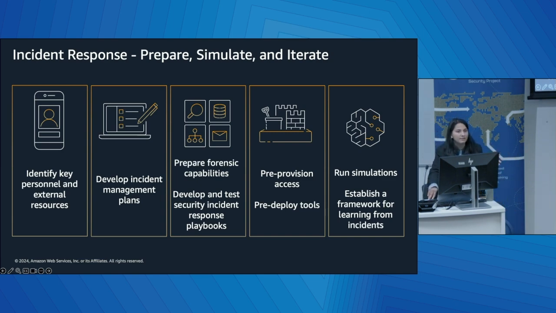So you might be using some SaaS application. You want to know if that SaaS application has an issue, and we all know the CrowdStrike issue. So you should be able to identify it. Develop a plan, prepare forensics capability, where if something happens, you will be able to identify the root cause by checking CloudTrail logs or some way of checking your applications and the API calls that are happening in between.